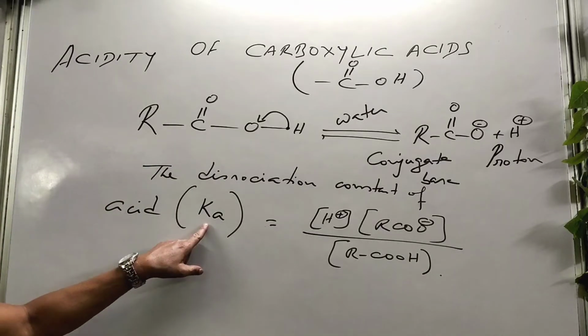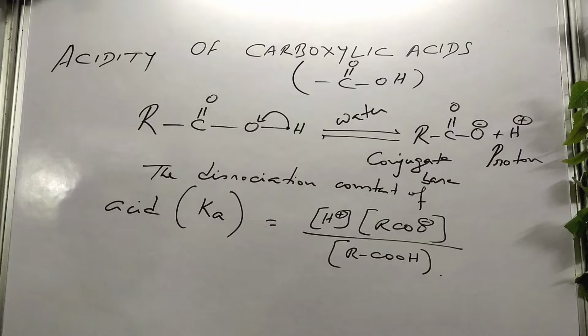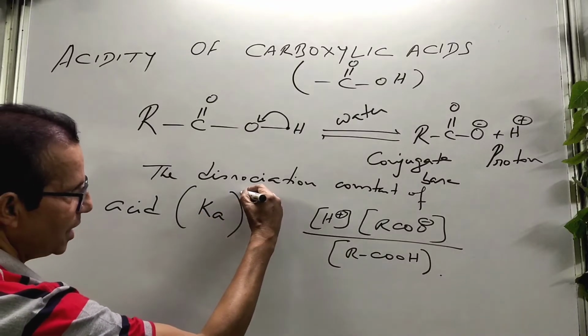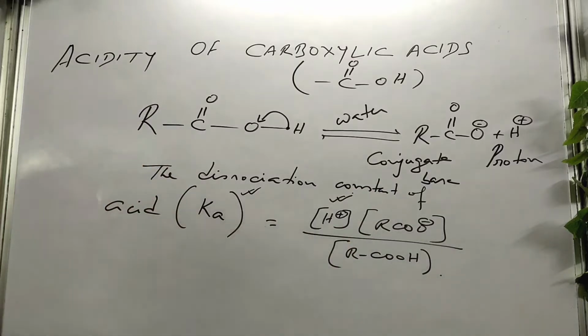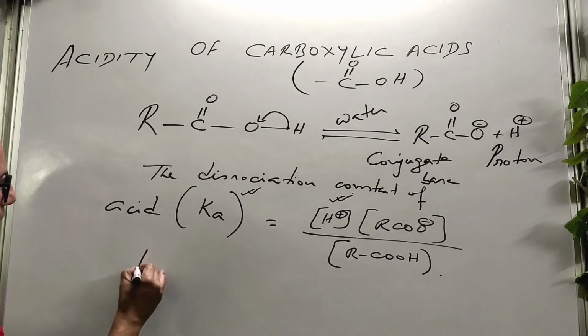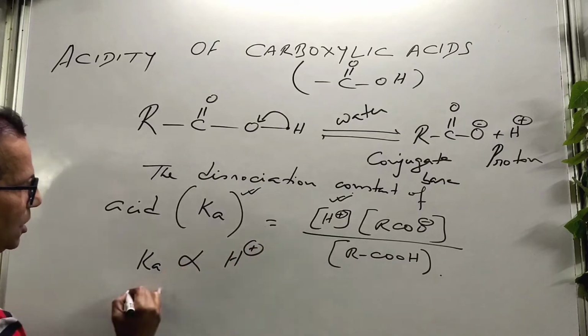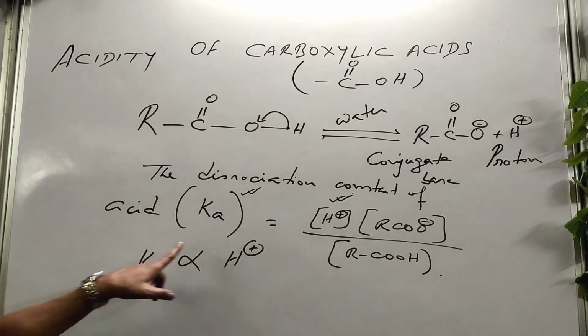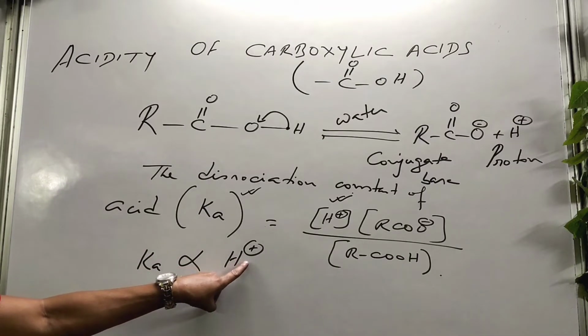This is called dissociation constant of acid. Now H positive is in the upper side, so it is clear to us that Ka is directly proportional to H positive. So dissociation constant of acid is directly proportional to H positive ion.